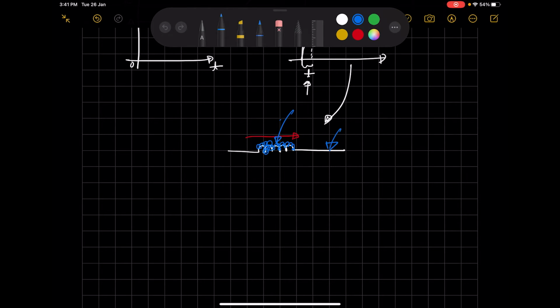Now it's going to produce a current, but the important thing is that the current will be in the opposite direction to the current that created the magnetic field. Let me summarize. A changing current flowing through an inductor produces a changing magnetic field, and that changing magnetic field, when linked with the same conductor, will produce a current in the opposite direction.